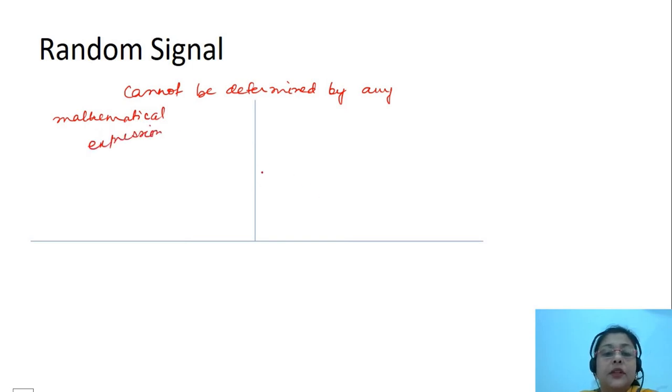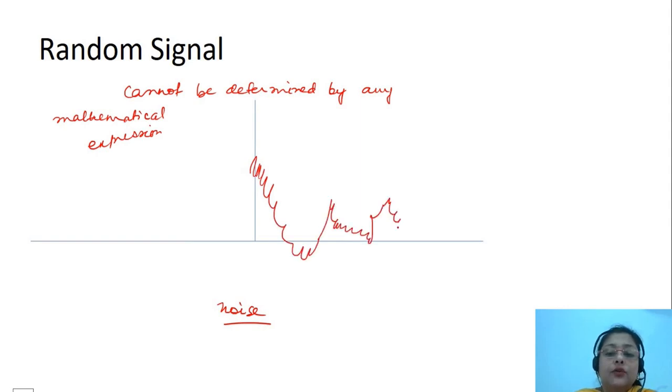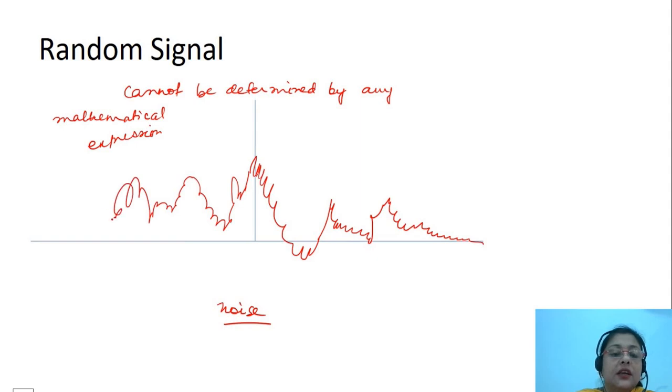For example of random signal is noise signal. So if you plot noise, it will be somewhat like this. It will have no periodicity, and it cannot also be expressed with the help of any mathematical expression. So this is a random signal.